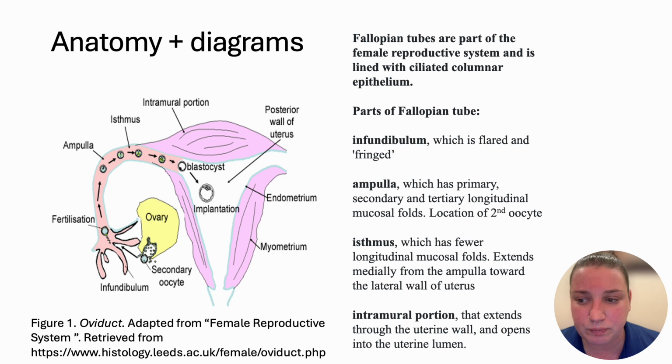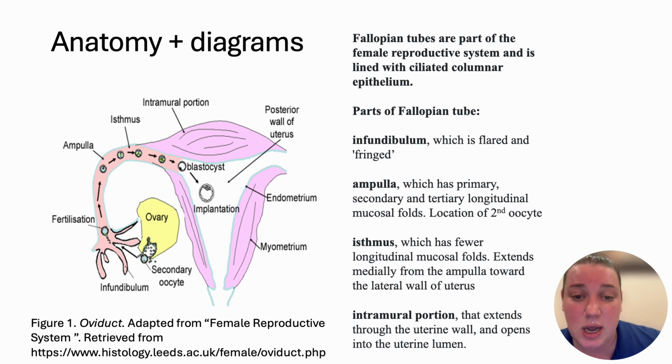And then the ampulla is the expanded region, which is medial to the infundibulum, and fertilization of a secondary oocyte typically occurs here. However, like I said before, this is also the main area for ectopic pregnancies.